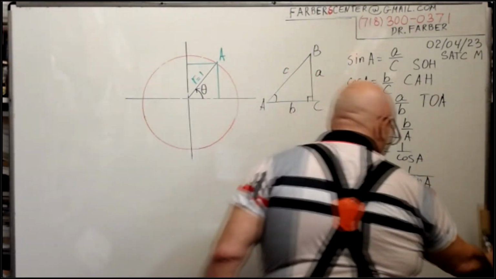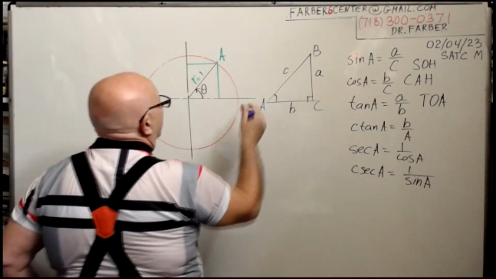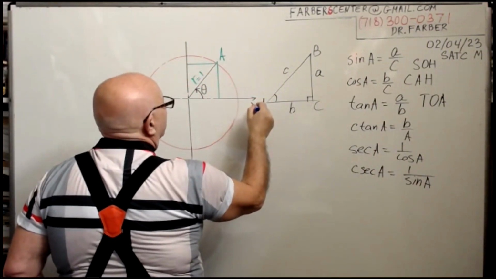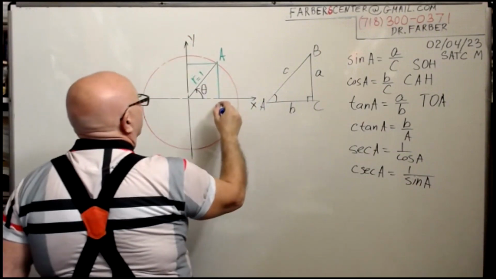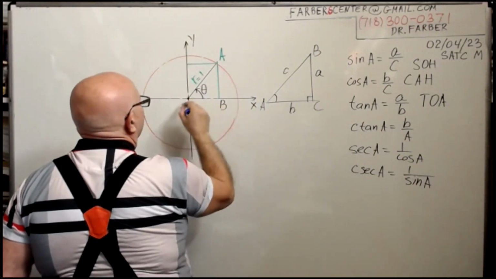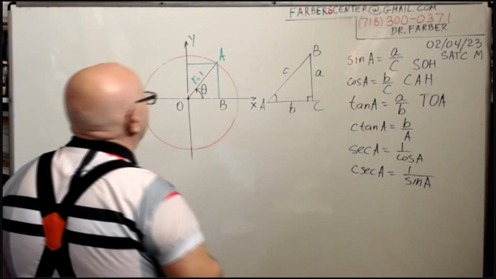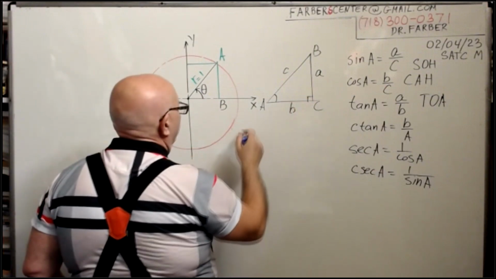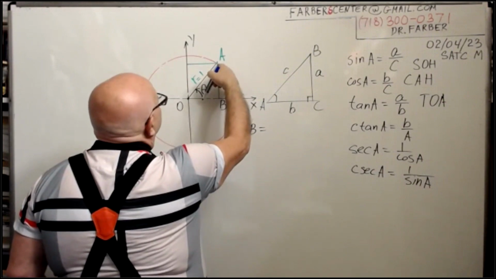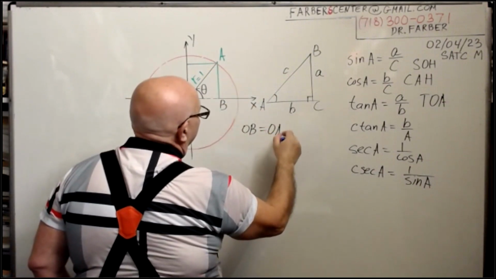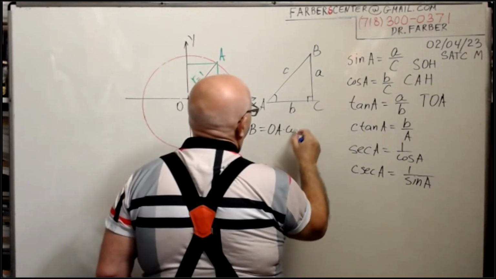Okay. You can easily see this is X, this is Y. Let's say this is B, and this is O. You can see based on this relationship that OB equals OA times cosine of theta.